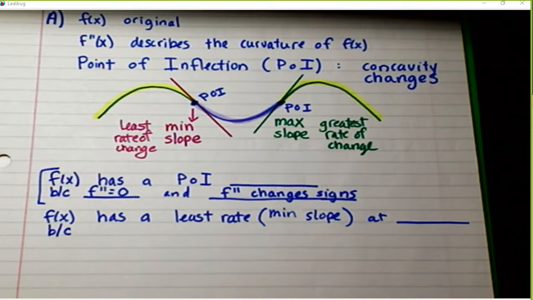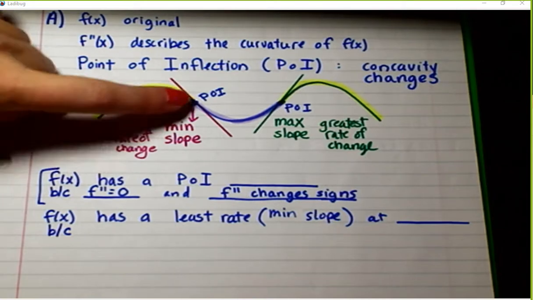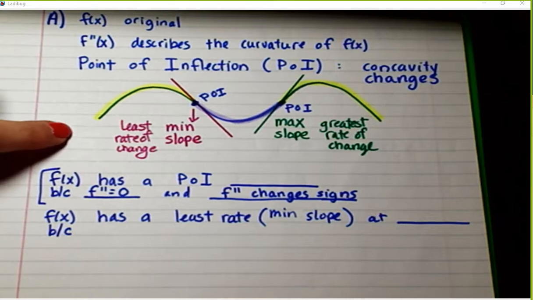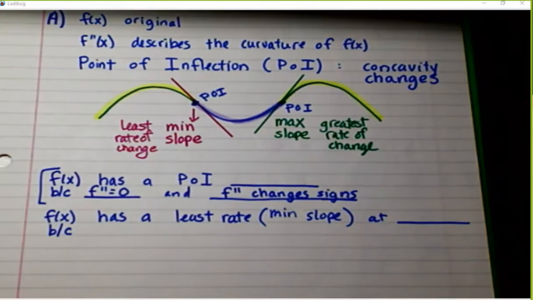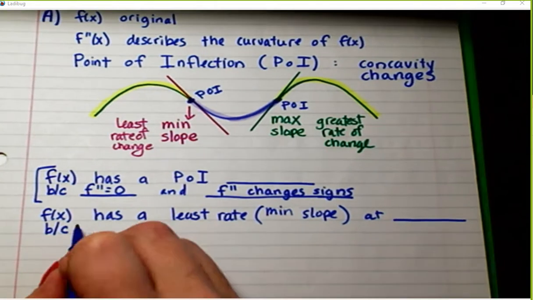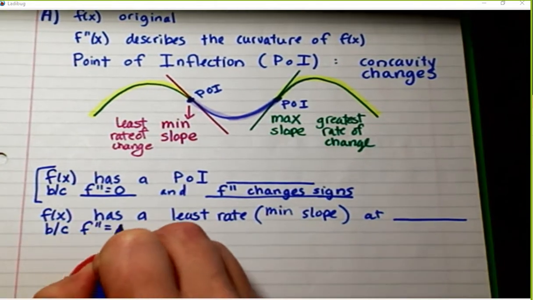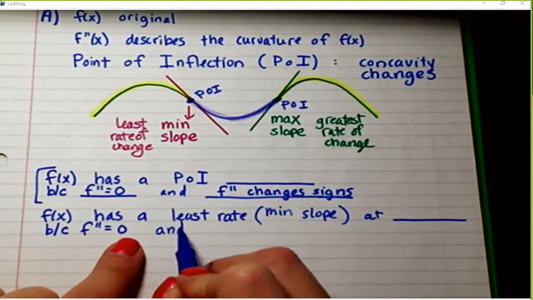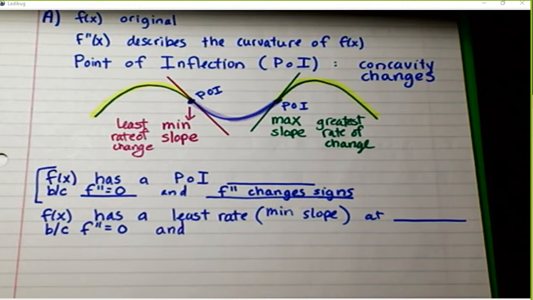We have to be specific. How do I get this point of inflection? Yes, okay. So it's in between, so it's got to be 0. Okay, so we have to have the 0. All right. And how is it changing? It's specific to that point.